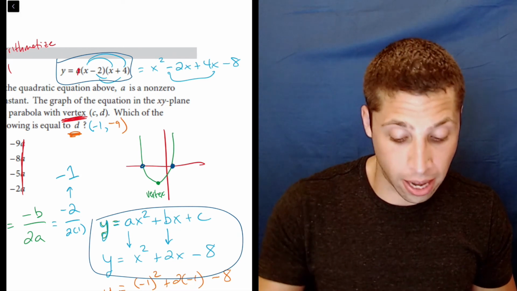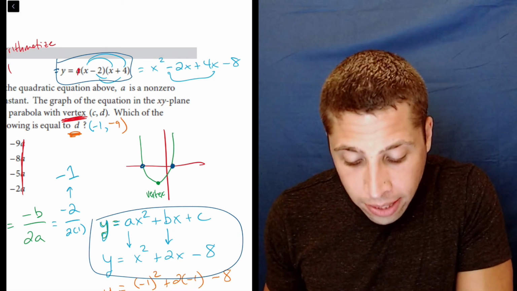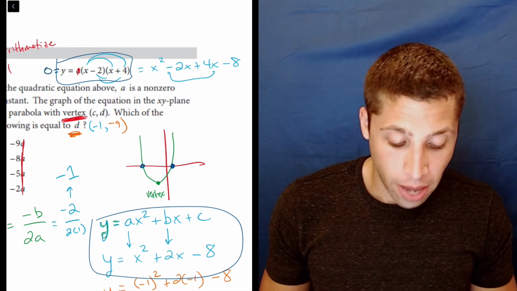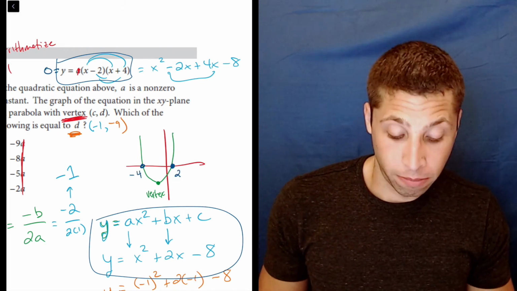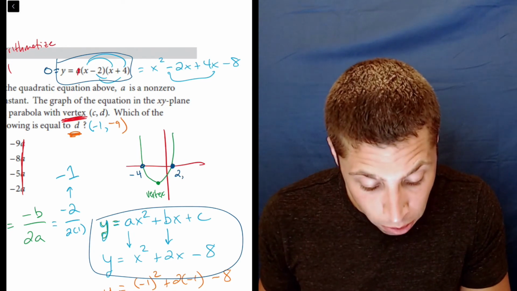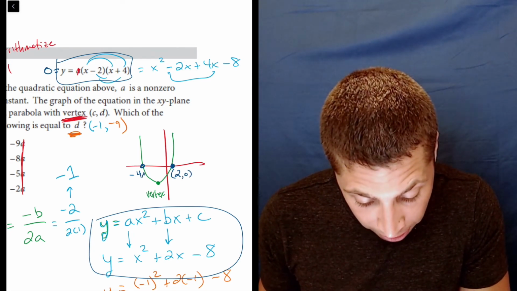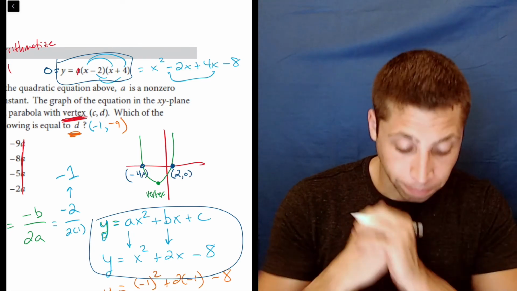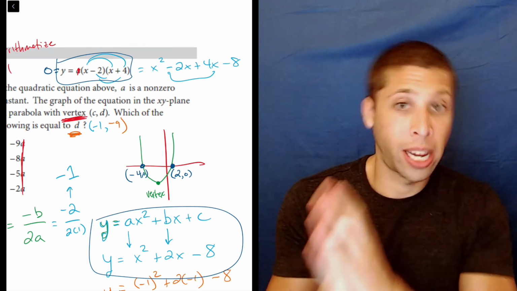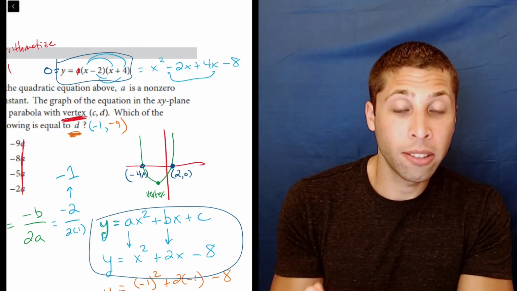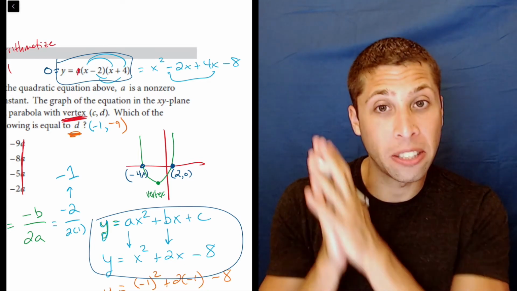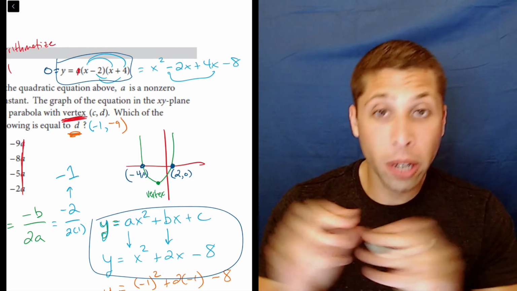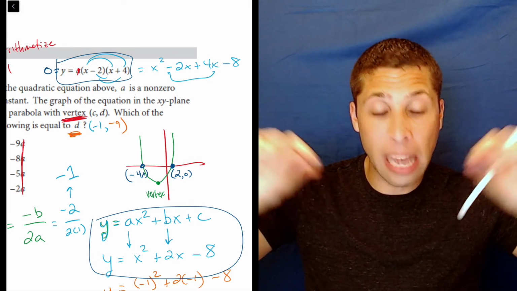And so in this case, when y is equal to 0, x is going to be 2 and negative 4. So those are the points (2, 0) and (-4, 0). And the vertex is always halfway between those points. Parabolas are going to be symmetrical, so whatever's going on, it's going to be the same on both sides.